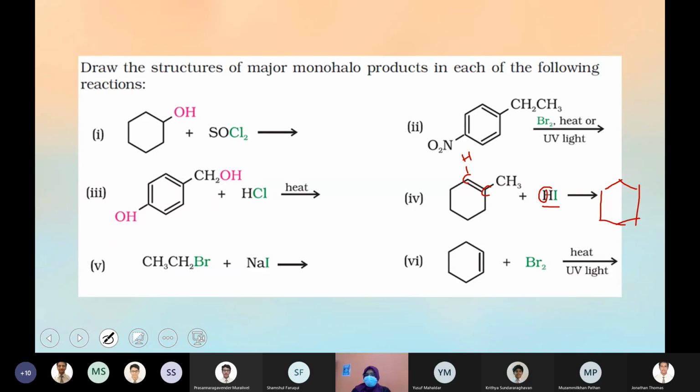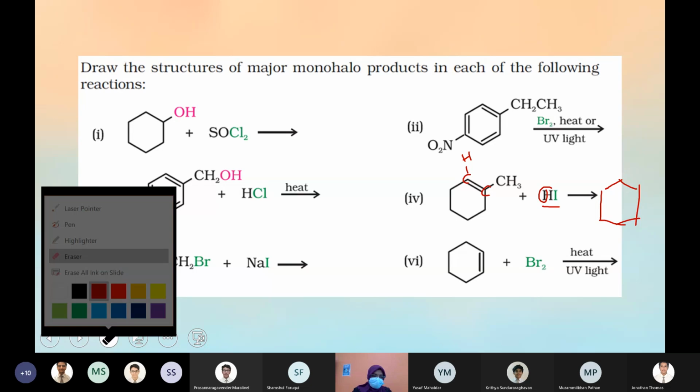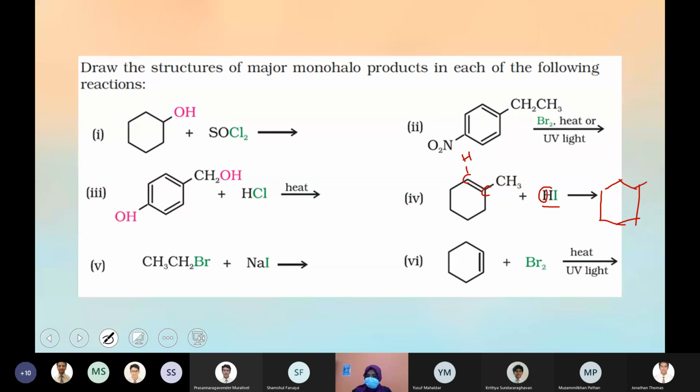So here that means it will form the compound like this. CH3 and I, both on the same carbon atom. I'll draw it again.